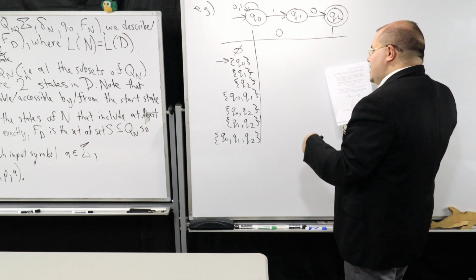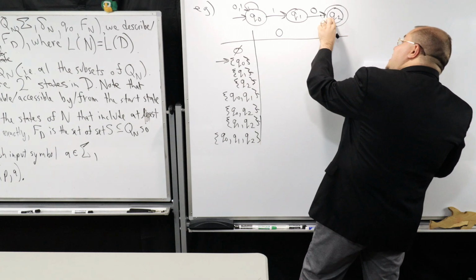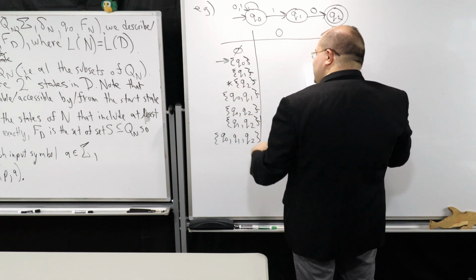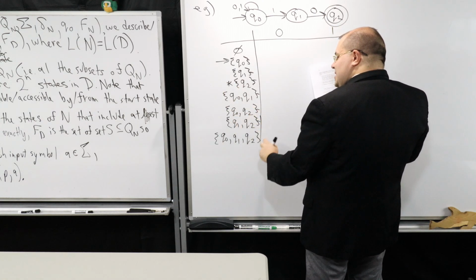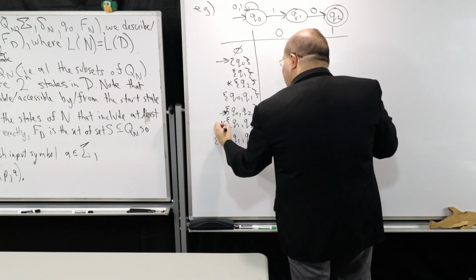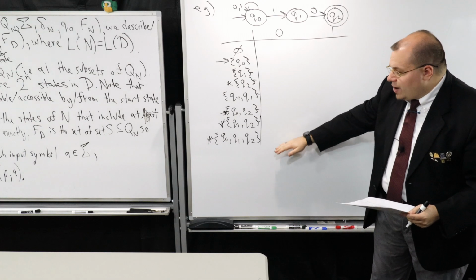So that's the start state. Now we need to label the final states. It's whichever ones contain Q2. So look at that, there's Q2 right there, so that's a final state. Q2 is in this subset, so I better label that as a final state. Q2 is in there, and Q2 is here. So all 4 of these are final states.